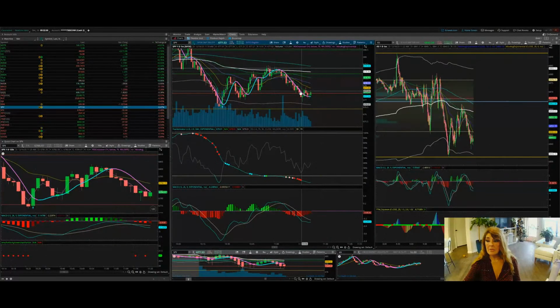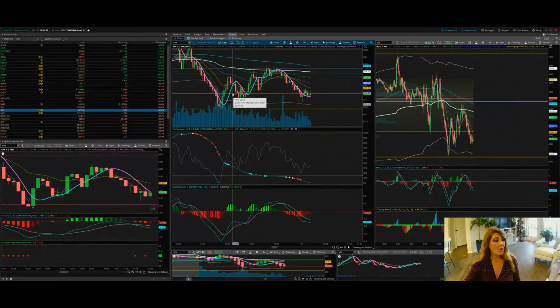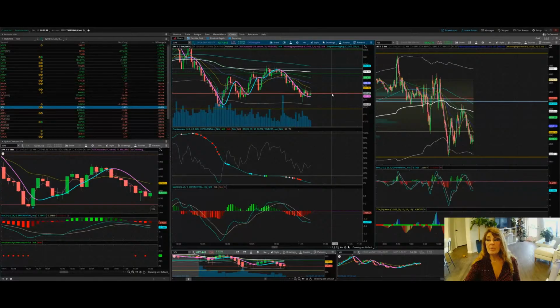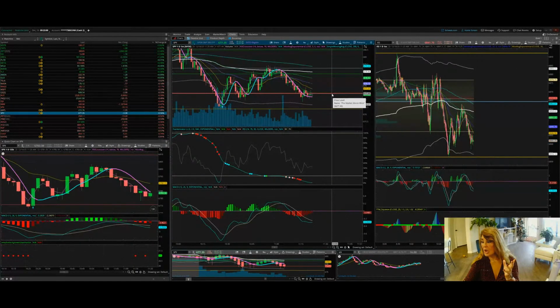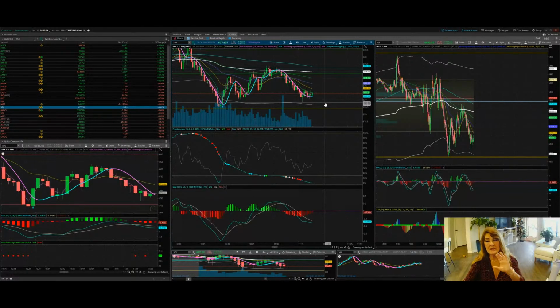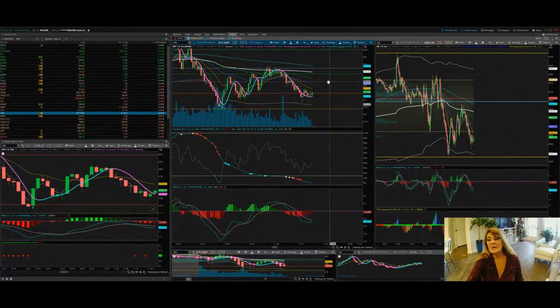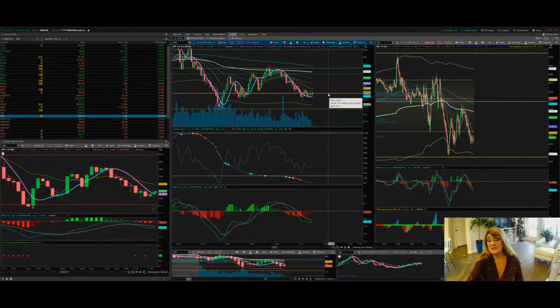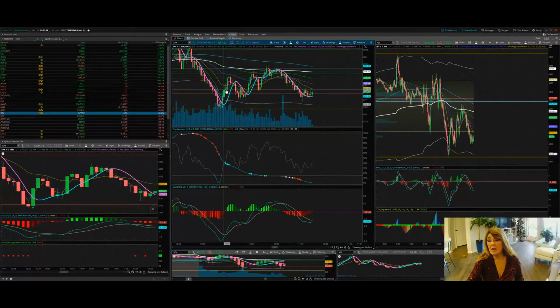Now look at how they get respected. They almost always come and visit these lines. If I see something in the pre-market that looks different or like a weird long wick, you just see some weird things. If something just looks weird to you, mark it pre-market. And that's what this line is here. This is just some odd behavior pre-market, and here we are. And it happens almost every day.